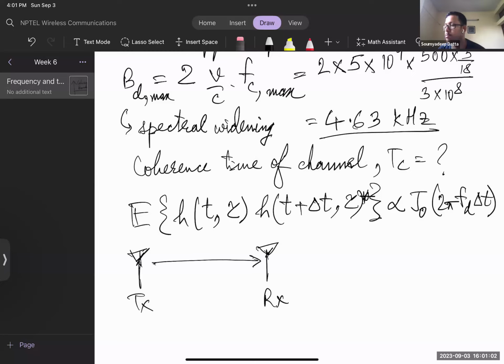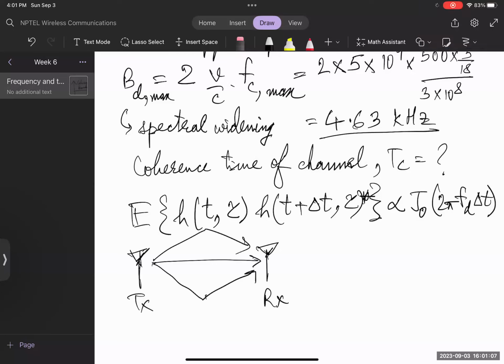There can be a direct path, and there can be reflected, non-line of sight paths. All of these will have different delays, tau 0, tau 1, tau 2. All of that stays the same, but you are just looking at the channel at different instances of time. That is defined by this Bessel zero function.